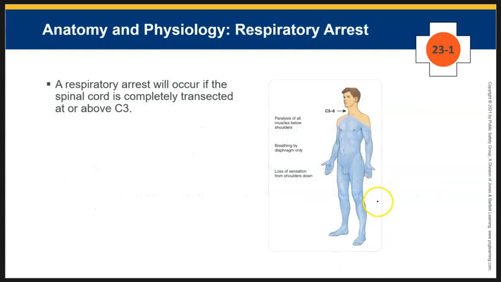We see that described here. C5 and C6 in particular, respiratory arrest will occur if the spinal cord is completely transected, that is, cut, at a level above C3.